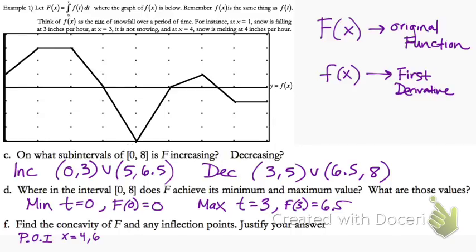And then in terms of the other intervals, we'll just say concave up from 0 to 1, union 4 to 6.